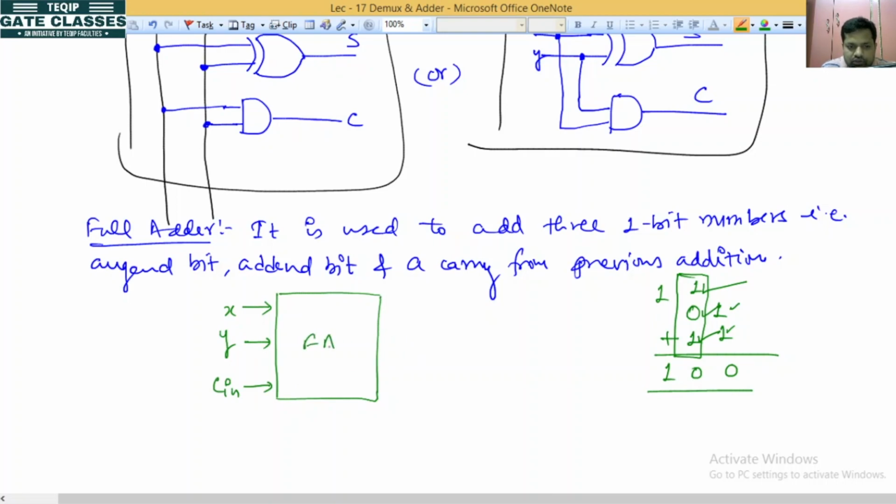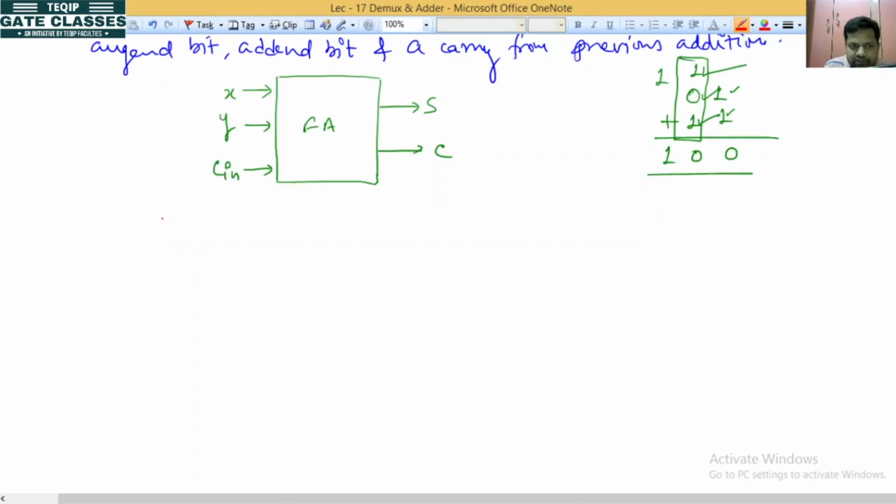It is a full adder, and we got two output here also, sum and carry. Now we have to manage truth table, so truth table will be x, y, C in, here we have sum and carry. Now we go that with 3 input how many combinations? 8 combinations.